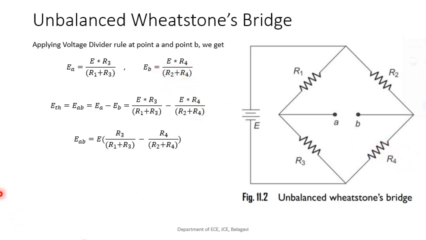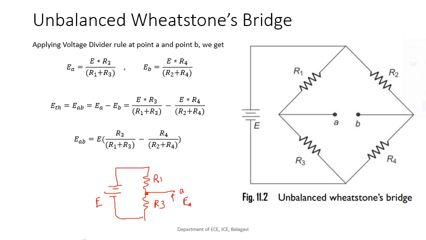If you want to draw it, it is something like this. This is your E, this is your R1 and this is your R3, and this point in the middle is where I want EA.